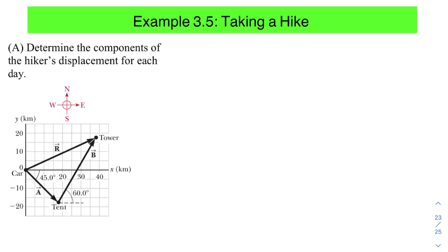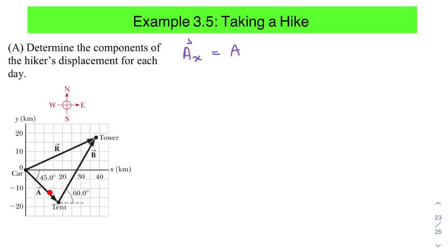Right, for each day means that we're going to resolve every single thing. So in terms of AX, for vector A, AX is equivalent to A, right, A what?